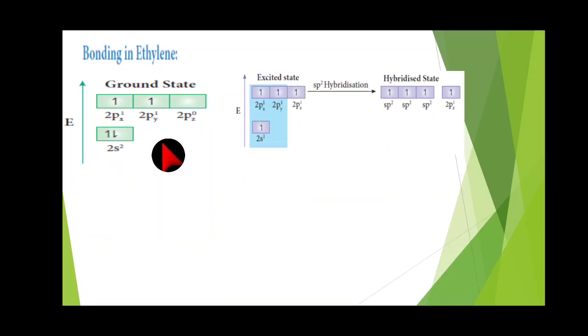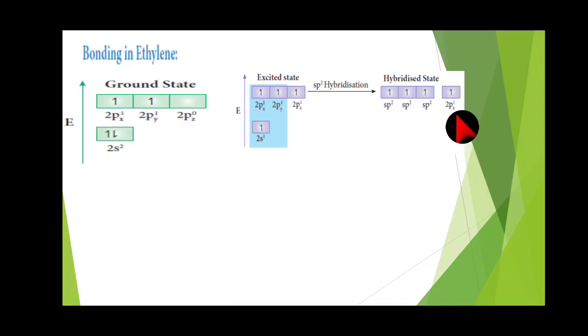Now the excited state, 1 electron goes to the 2pz orbital. We can get 4 unpaired electrons, right? The last 2pz electron alone is separated because it is involved in pi bond, right? Sideways overlap.